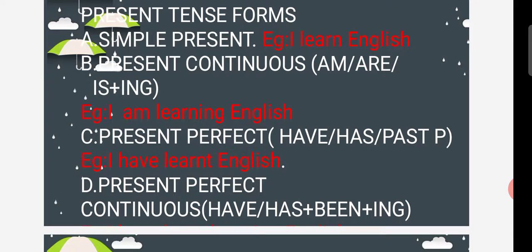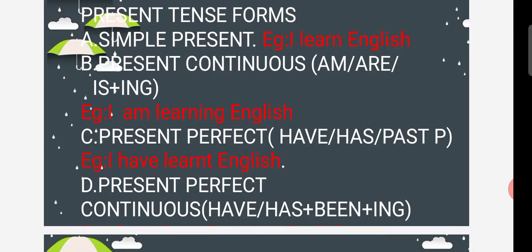If it is she, is. He is. It is. They are. We are. So you should know we use am for I, are for we and they, is for he, she, it. All this you have to keep in mind, and ing should be used in continuous tense.